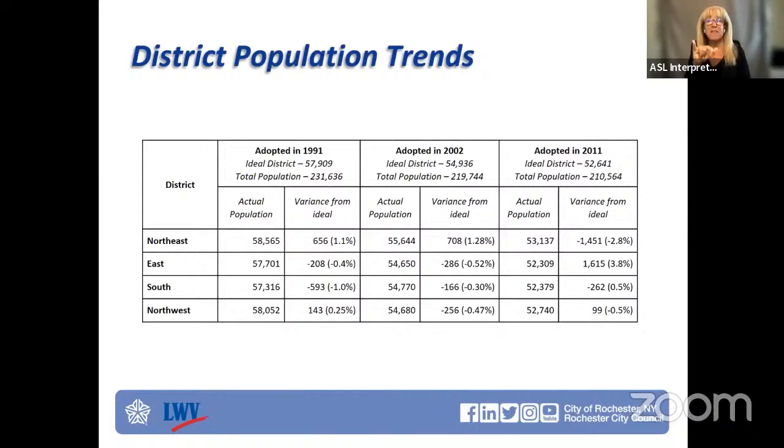This table depicts changes in population within each of City Council's districts over the past 30 years.